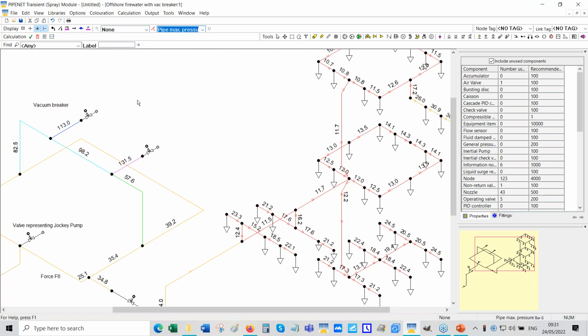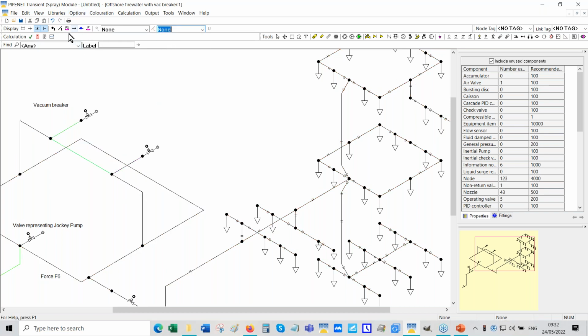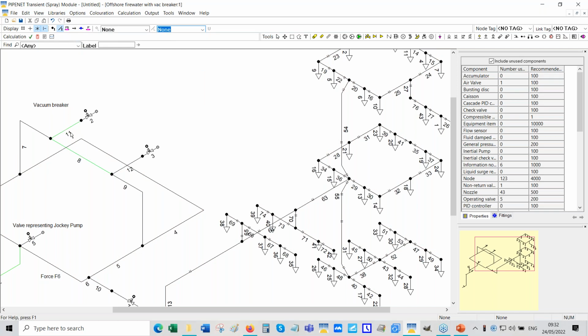See? All I did was to remove the vacuum breaker. And look at the huge difference it's made to the results. We look at pipe 8 and pipe 11 to see what's going on there.